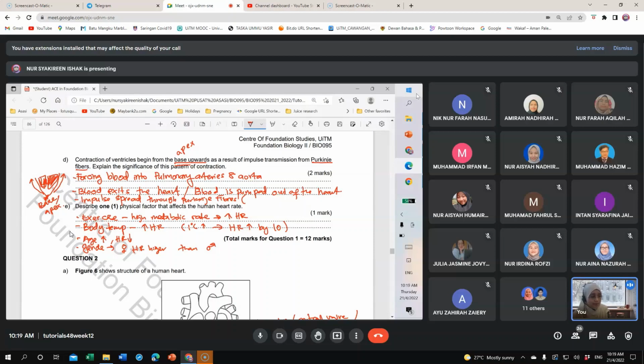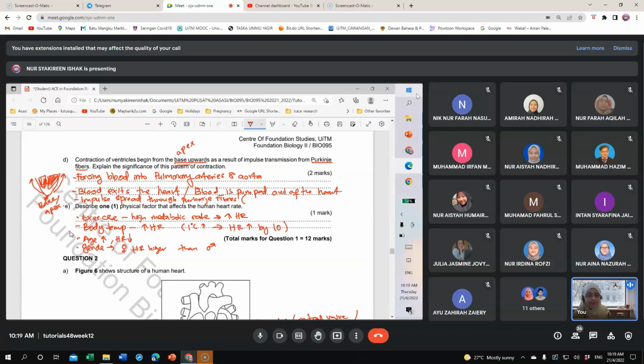So why? Because the heart will pump blood faster, more frequently, to provide more oxygen, more nutrients, more fuel to the respiring cells. Kan, muscle cell is contracting, so perlu banyak fuel, perlu banyak glucose, perlu banyak oxygen dalam cellular respiration untuk menghasilkan energy.